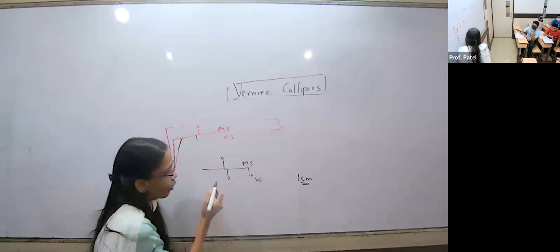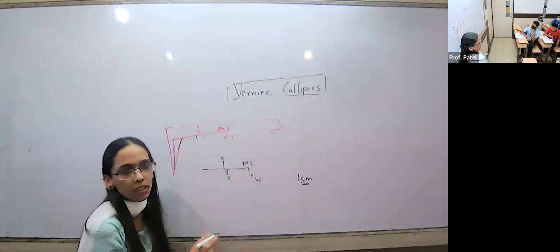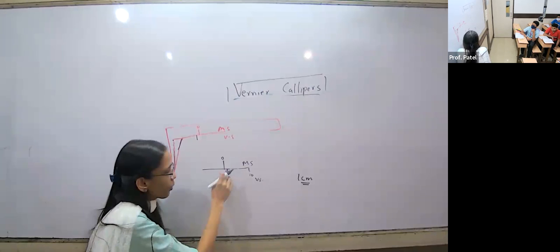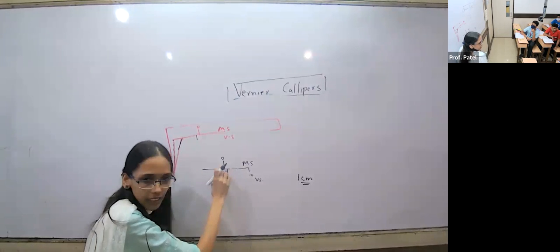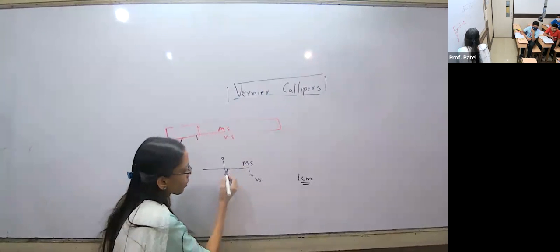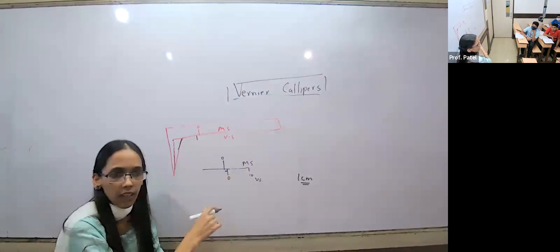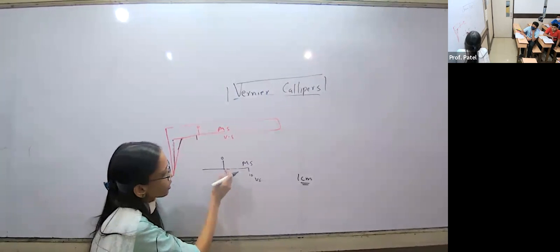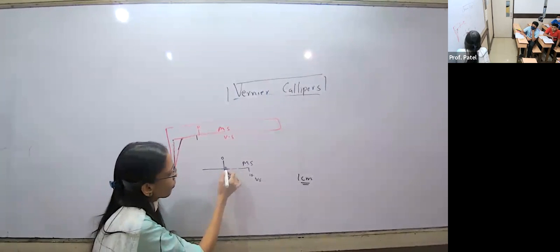No, this extra was taken, which was faulty. This extra was taken because this had an inbuilt error of something, right? So it had some error, and it has already covered this much distance. Let's say this was 2 divisions, 0.2 divisions of main scale.